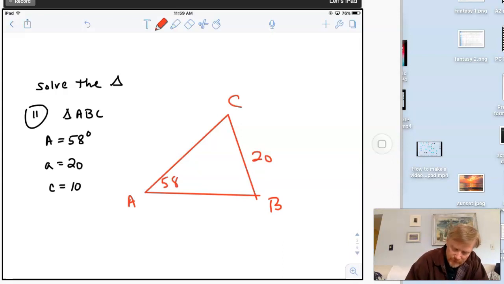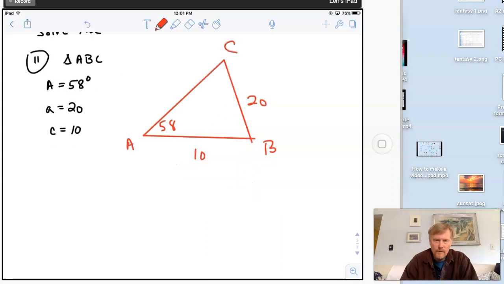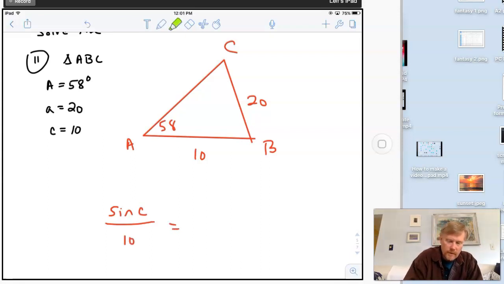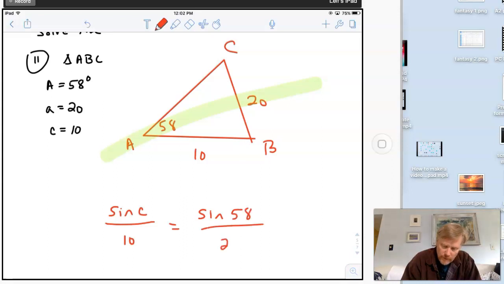Side C is 10. Okay, so I am going to be going after angle C first. Now I always like my missing variables on top, but it doesn't really matter. So I'm going sine of C over 10. The important thing is that I have to use this one, because it's the one that has the side and the angle across from each other, and I know both of the values.